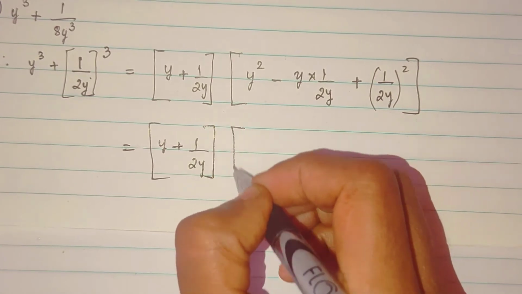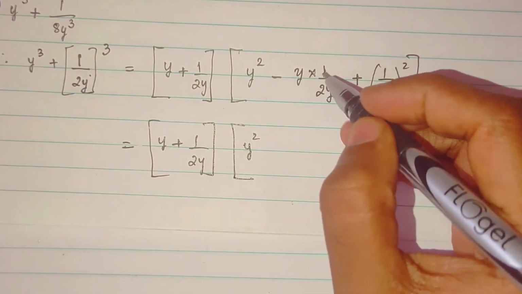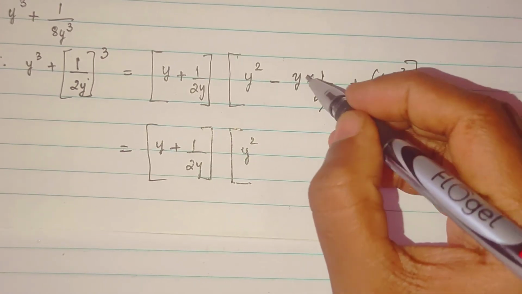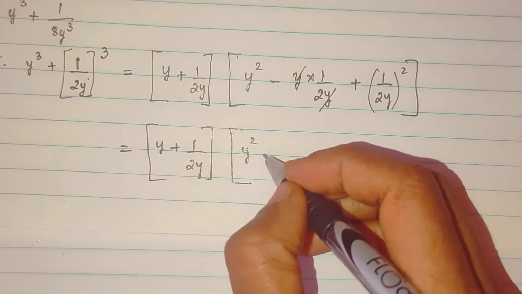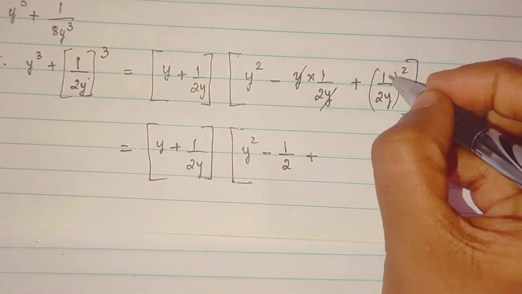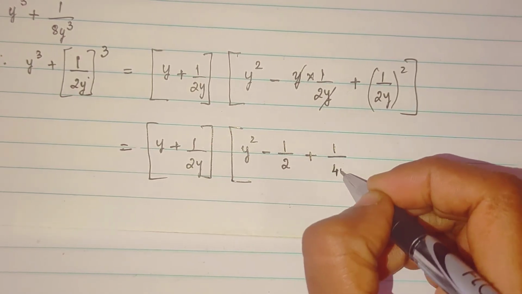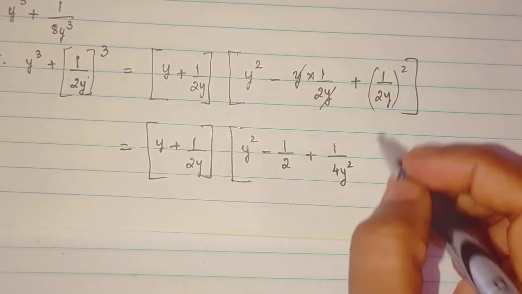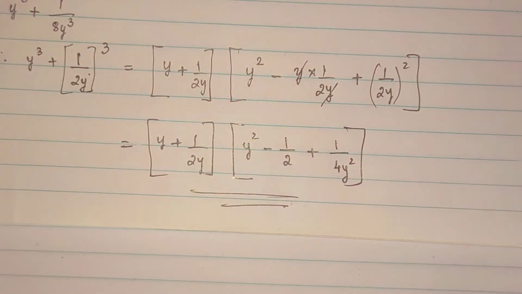Here y square will also be as it is. Here, this is multiplication, and y in numerator and denominator will get cancelled, so we will be left with 1 upon 2, and then 1 1s are 1, 2 2s are 4. The variable's square will stay the same. So this is the required answer.